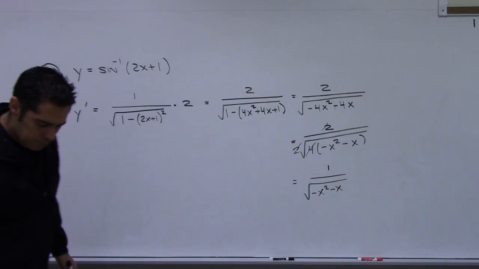All right, let's look at 18. For 18, g of x equals square root of x squared minus 1 times secant inverse of x.